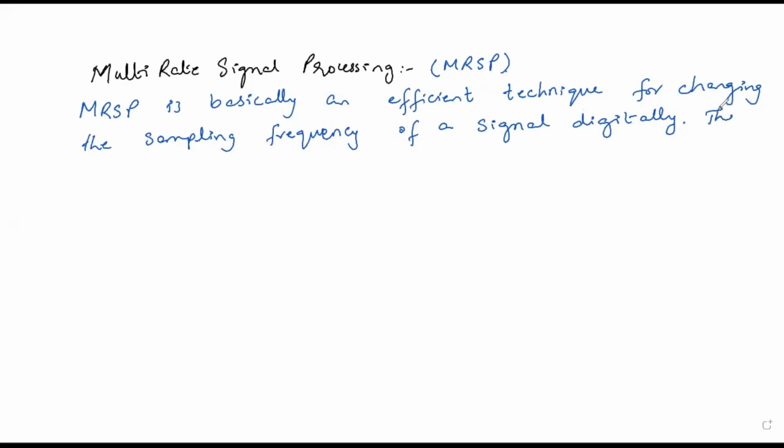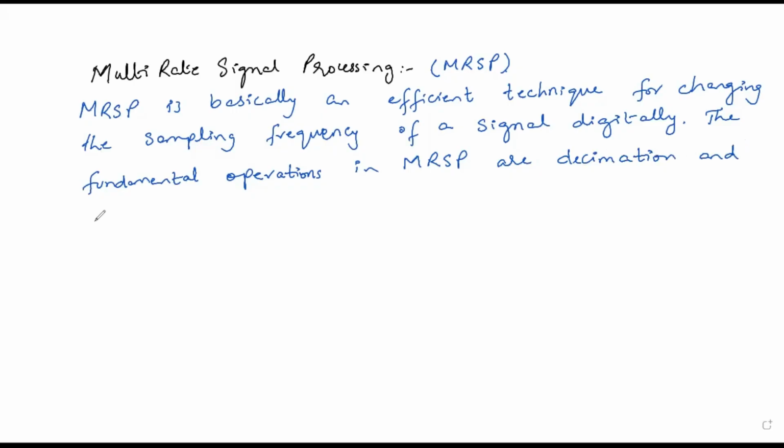The fundamental operations in multi-rate signal processing are decimation and interpolation.